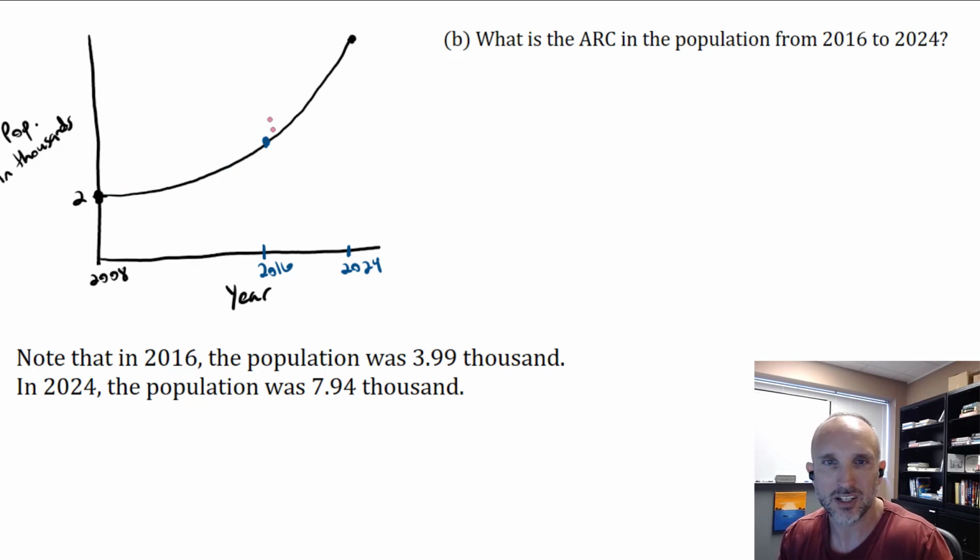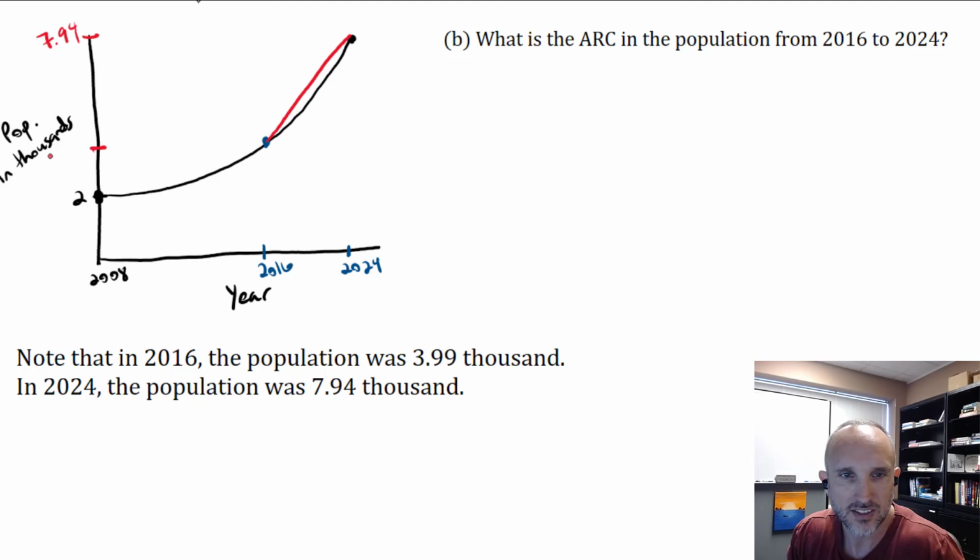So now I want to take a slightly different approach on this part, and it's the same exact concept, but a slightly different approach. And we want to look at the slope of the line that connects those 2 points. Well, in 2024, the population was 7.94 thousand, and in 2016 it was 3.99 thousand.